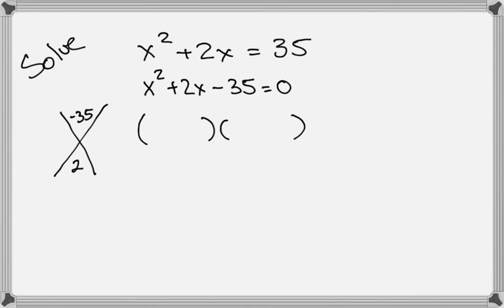And no, it's not prime. 7, negative 5. 7 and a negative 5. (x + 7)(x - 5) = 0, and the rest is your story.